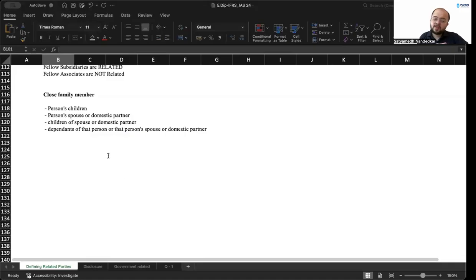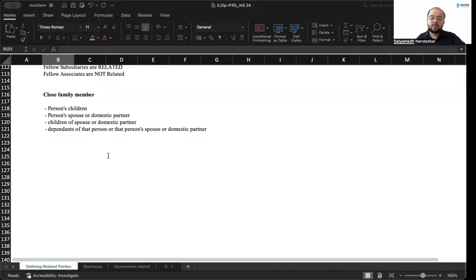Children of that person's spouse or domestic partner, so stepchild is also included, and dependents of that person or that person's spouse or domestic partner. So if parents are dependent on you, then they will also be covered in the definition of close family member. So these are again some of the points that you have to keep in mind, that parents will be included only if they are dependent on you.